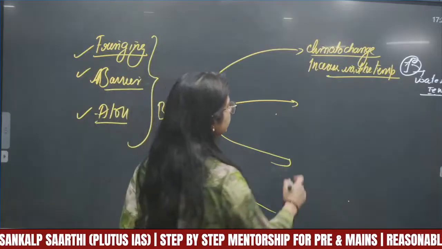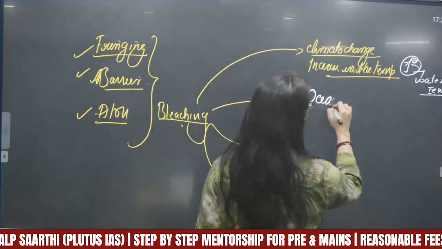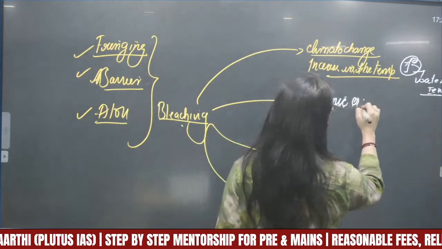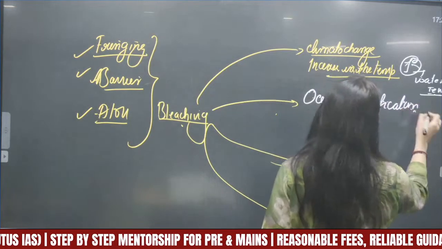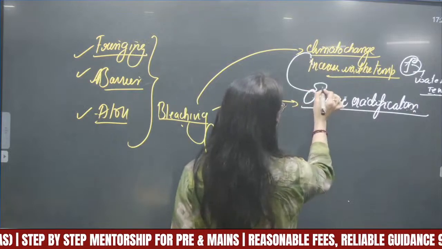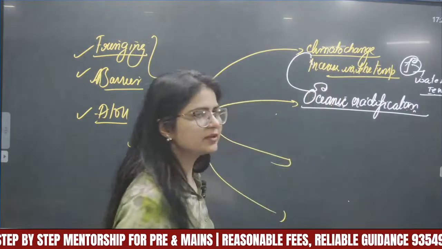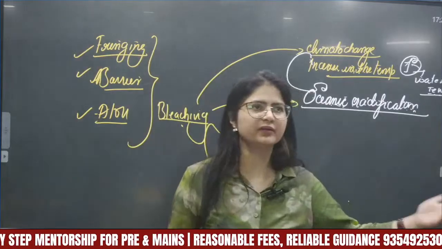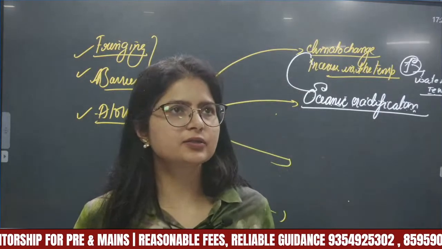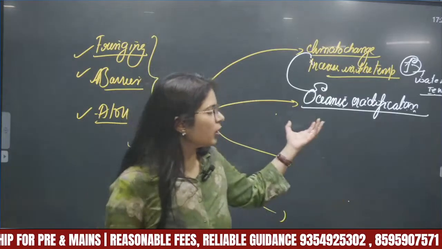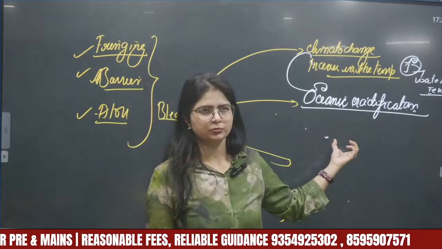Next, they are going under the process of oceanic acidification. और ये oceanic acidification भी किससे related है? This is straight away related to the climate change. Climate change का मतलब क्या है? That is CO2 levels have increased in the atmosphere. और जब CO2 level increase हो गया, so this water will have more of CO2, right?